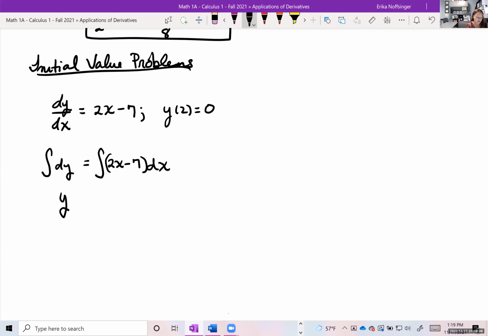I just have to write that constant once though, so I'm not going to put it in there. Is equal to, okay, now let's take the antiderivative of 2x. That told me I had to add 1 to my exponent, so 1 plus 1 is 2, divided by my new exponent, which is 2, minus 7. Well, the antiderivative of 7 is 7x, plus some constant c. Let me just clean it up a little bit. This is the same thing as y equals x squared minus 7x plus c.